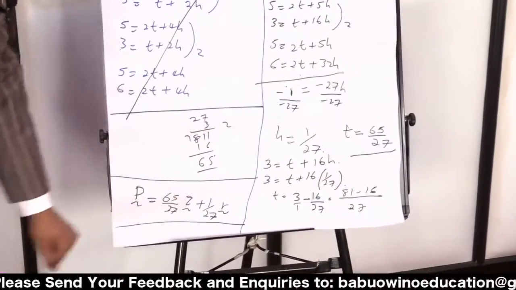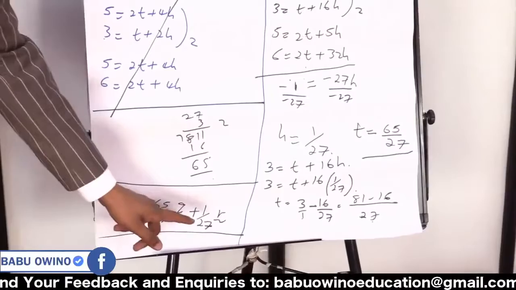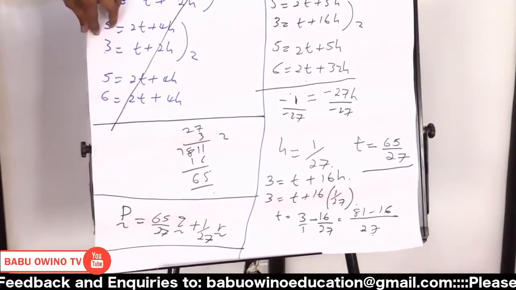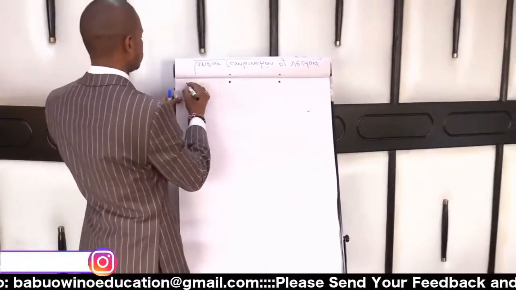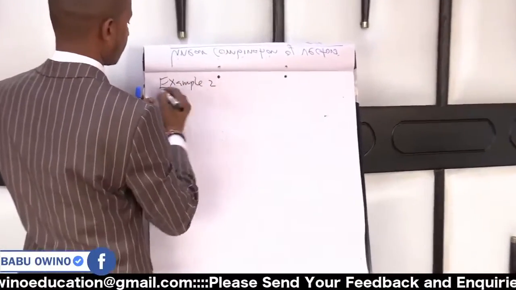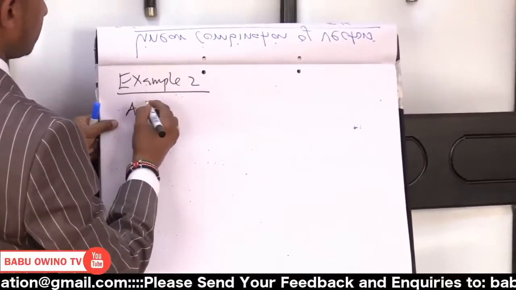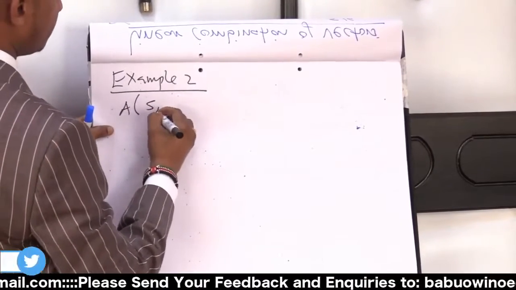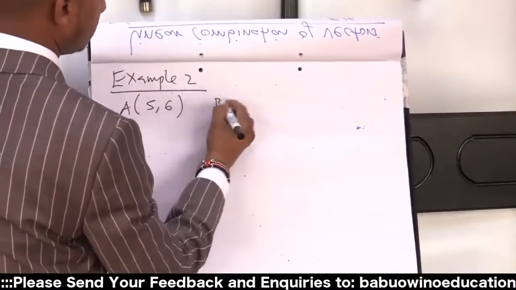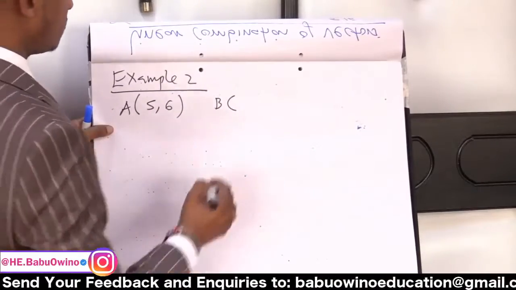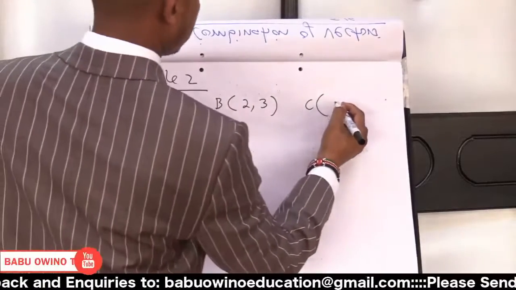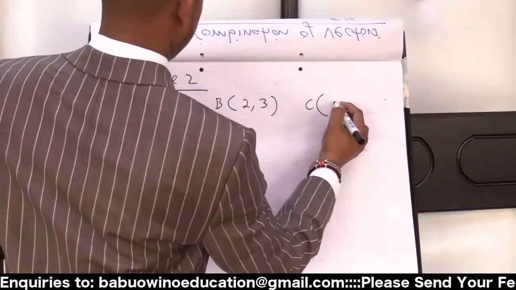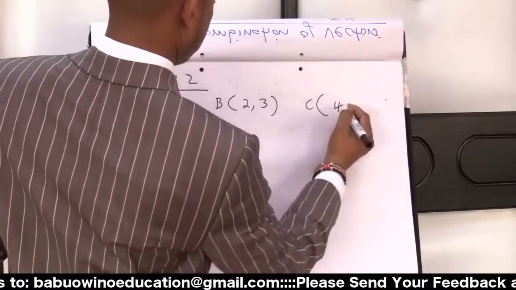So Q can also be found as a linear combination of P and R. So let's take just another example, one more example of linear combination, example 2. Let's take a point A has coordinates 5, 6, B has coordinates of 2, 3, and point C has coordinates of 4, 7.